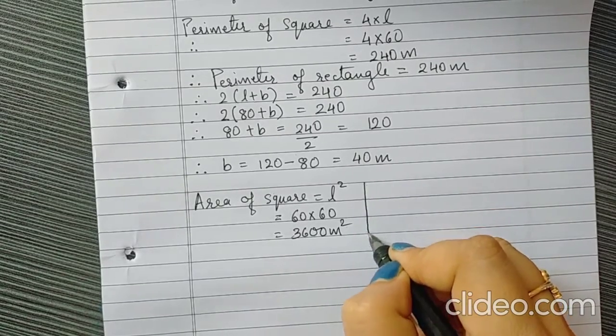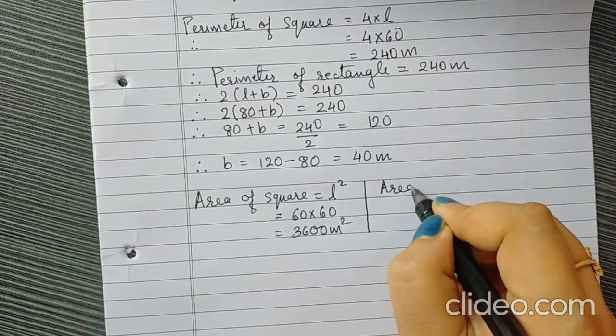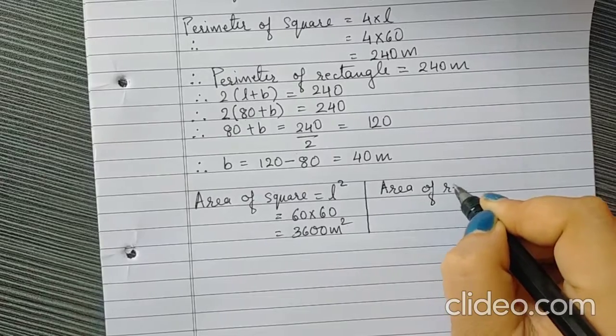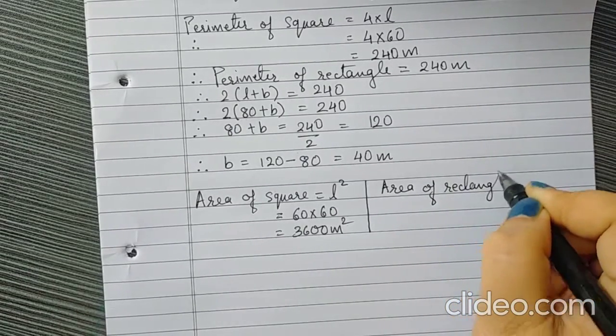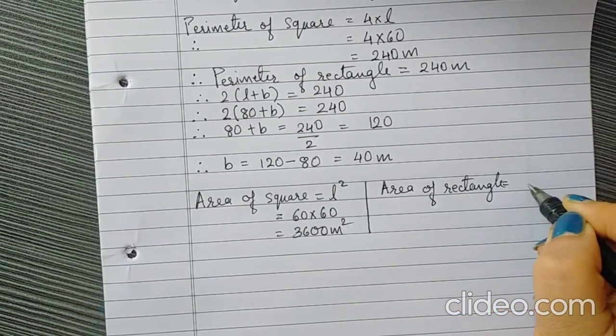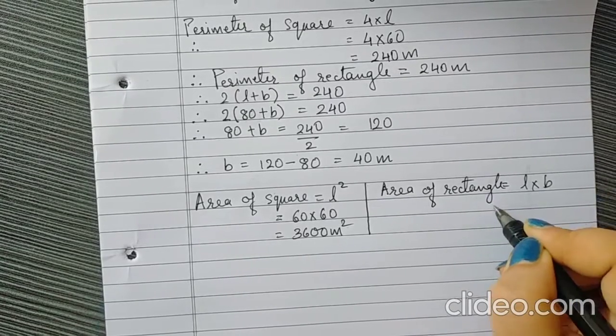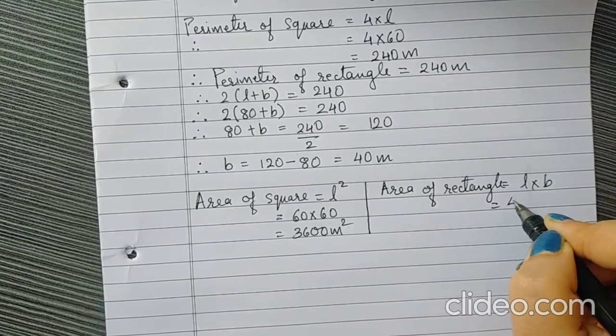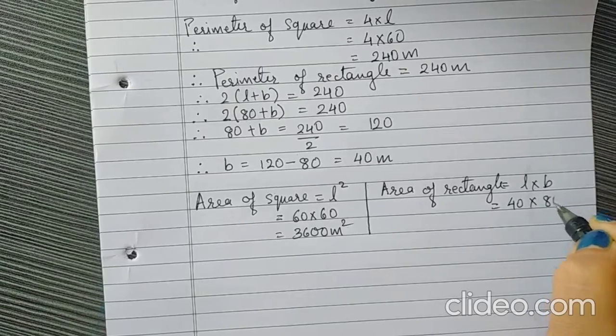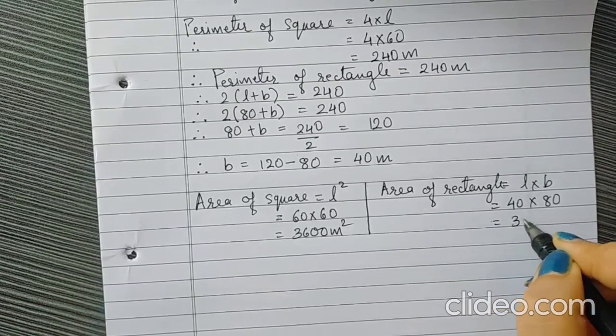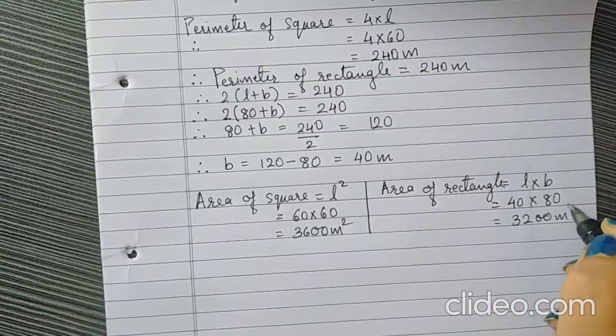Similarly, area of rectangle is L into B. So that is 40 into 80, which is 3200 meter square.